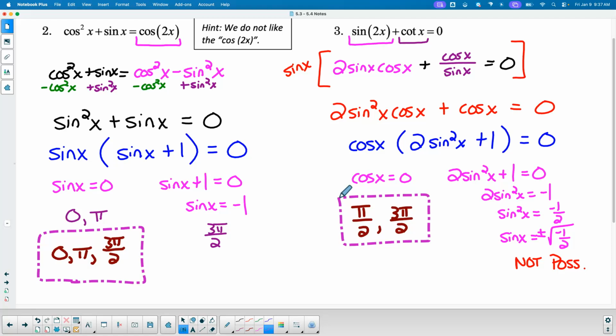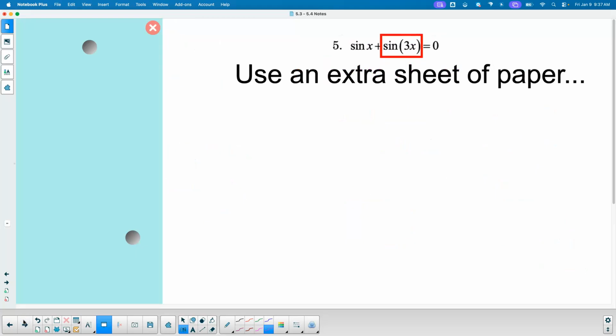All right, let's do the doozy. If you want to use an extra sheet of paper, you by all means can. Okay, we will for sure fill up that bottom corner of this one, just so you know.